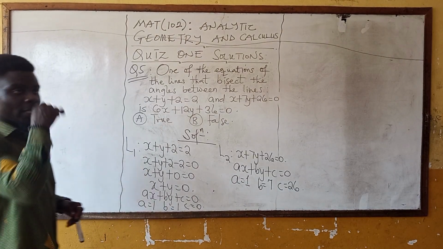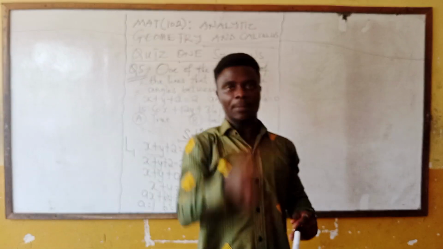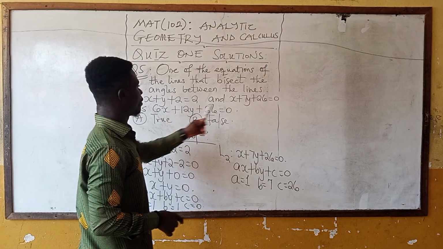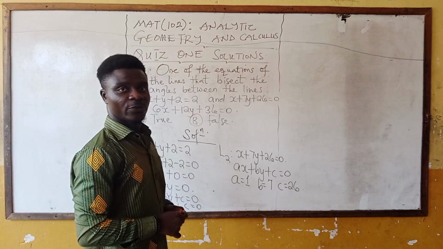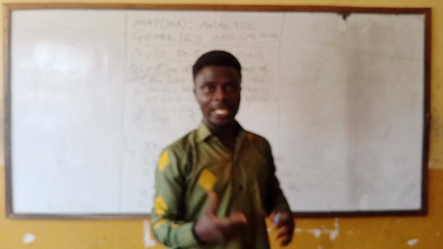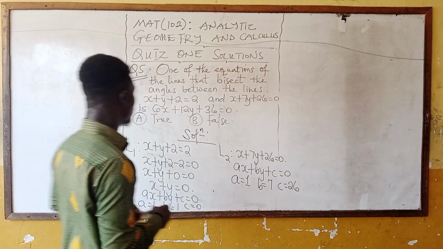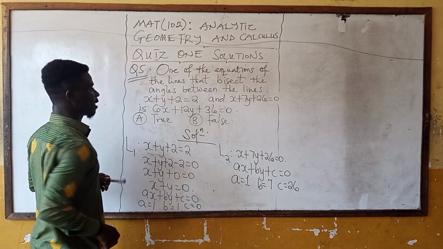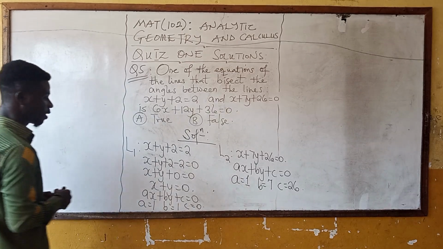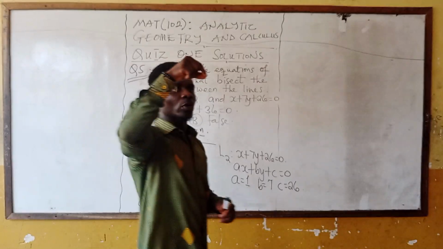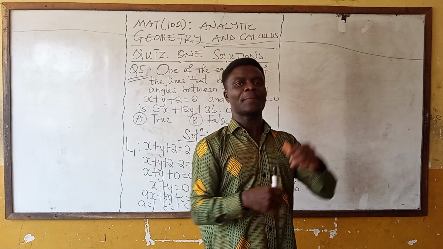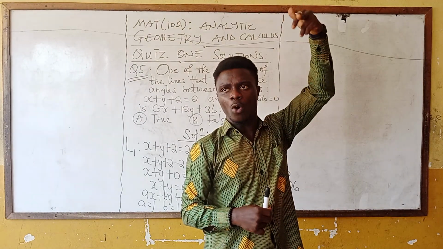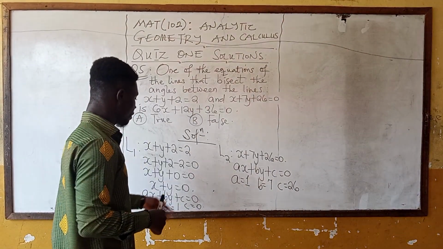So now, let's take any point on a bisector. These are the lines, right? So we have to find the equation of the bisector. They said one of the equations of the bisector is that. So when we take any point on the bisector, we have to find the perpendicular distance of the point to the lines.